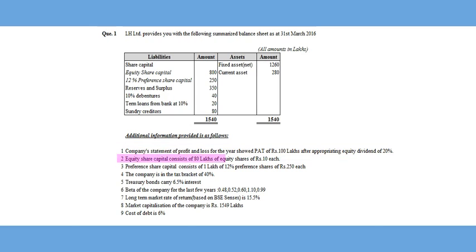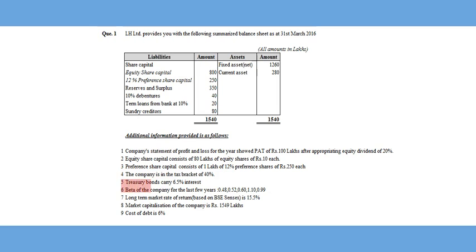Equity share capital consists of 80 lakhs of equity shares of rupees 10 each. 3. Preference share capital consists of 1 lakh of 12% preference shares of rupees 250 each. 4. The company is in the tax bracket of 40%, which means that the profits of the company are generally taxed at 40%.